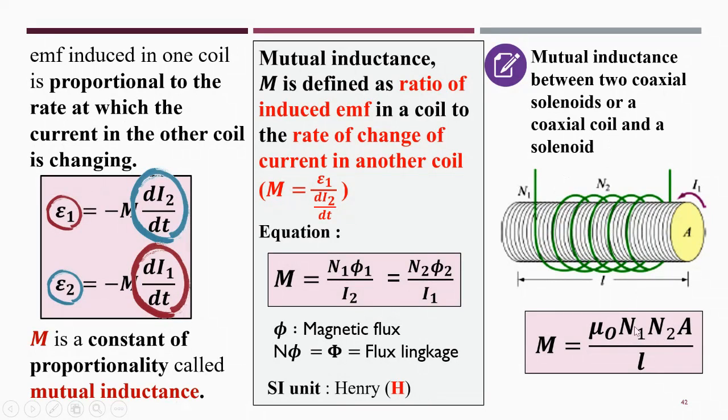It depends: either both are solenoids, or one is a coil and the other one is a solenoid. A is the cross-sectional area.